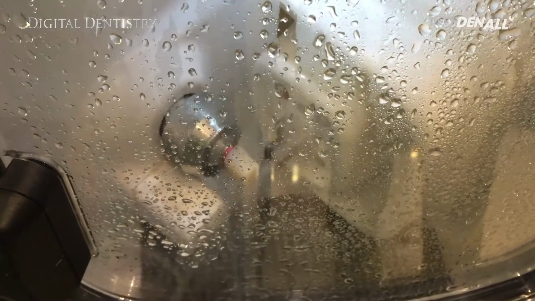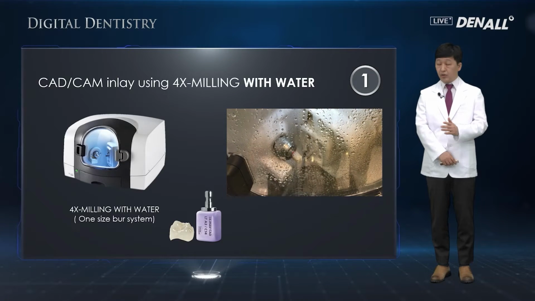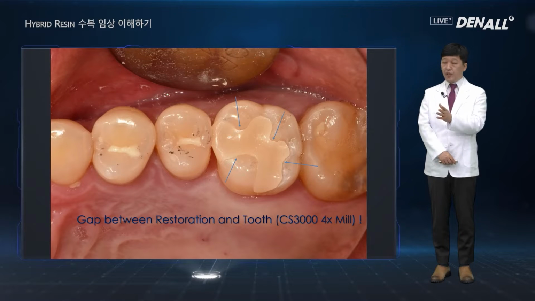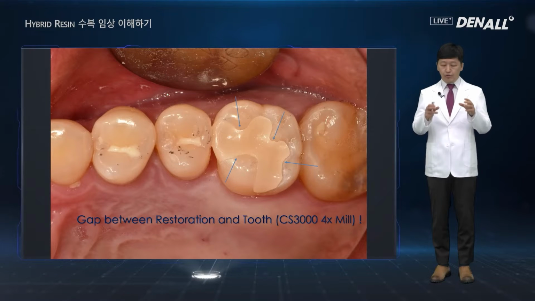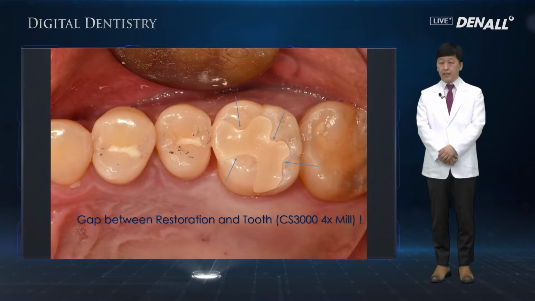The problem with the 4-axis system which mills the inlay with 1 thick burr is, as shown, there is quite a lot of gap between the restoration and the tooth. The reason is that a thick burr is used to fabricate the inlay, and therefore details cannot be recreated.